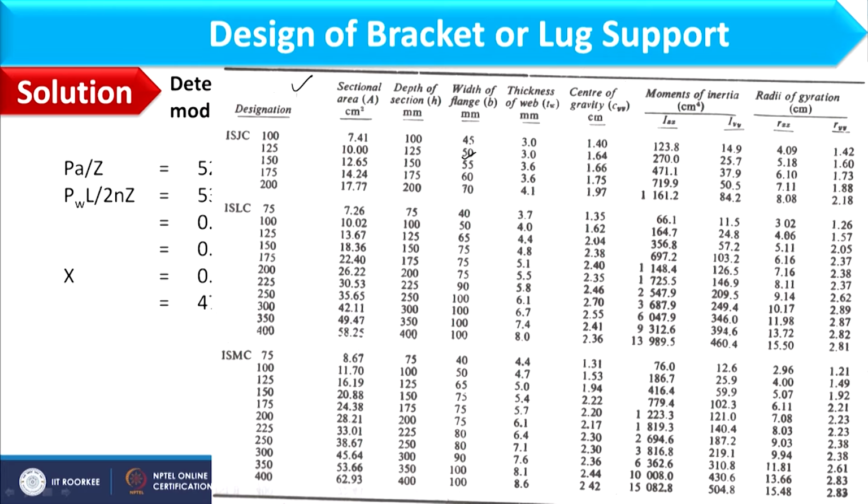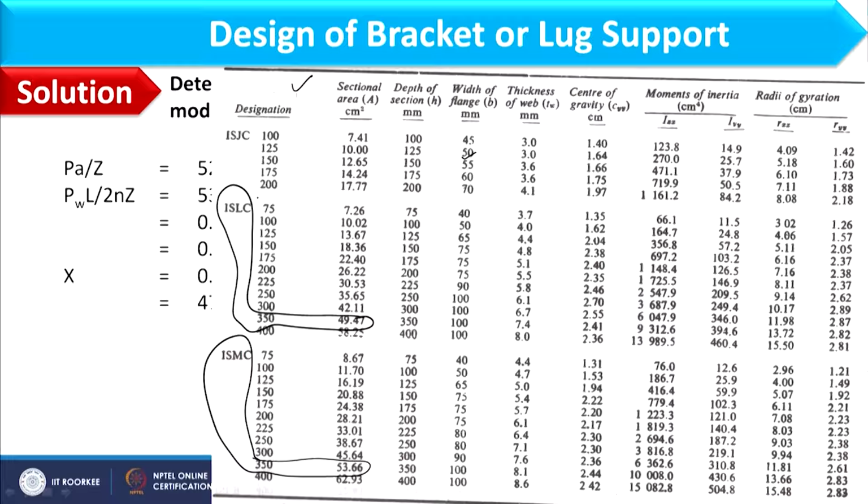Here I can suggest this one, or I can suggest this one, which is greater than 47 centimeter square. So, either ISLC 350 or ISMC 350 can be considered as a suitable column. That depends on us which column we should use, but both columns can be used easily.